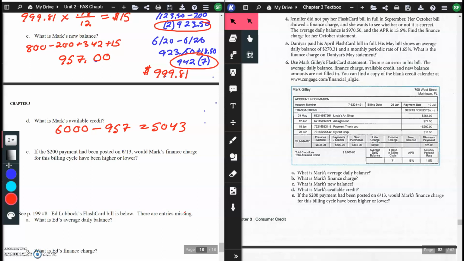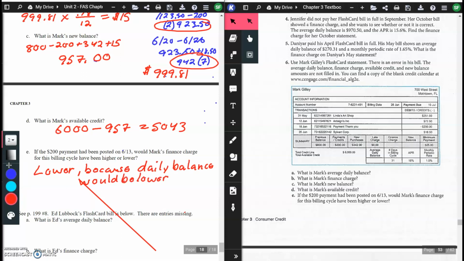Part E says, if the $200 payment had been posted on 6/13, would Mark's finance charge for the billing cycle have been higher or lower? Lower. And that is because the daily balance would be lower.